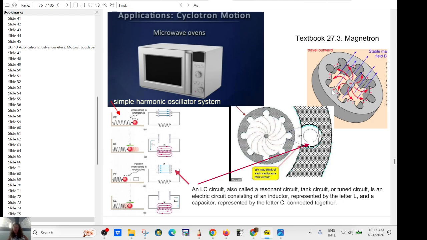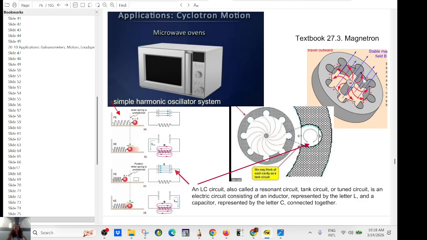Inside the microwave, somewhere you have a power supply of about 4,000 volts, and you have electrons. This is the cathode and this is the anode. This is negative, this is positive, connected to a 4,000 volt power supply. Electrons break free here because the filament is very hot.